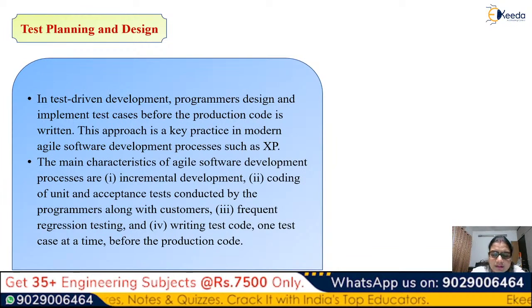Now this is about agile. In agile, it is done in incremental development. The unit and acceptance tests are coded by the programmers along with the customer, then the frequency of regression testing.